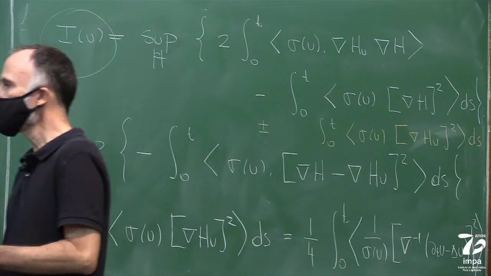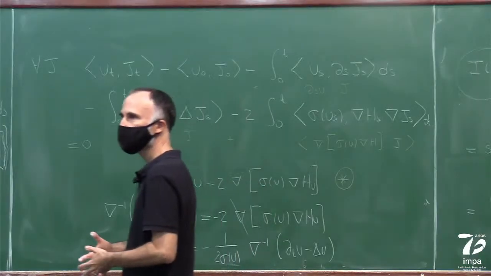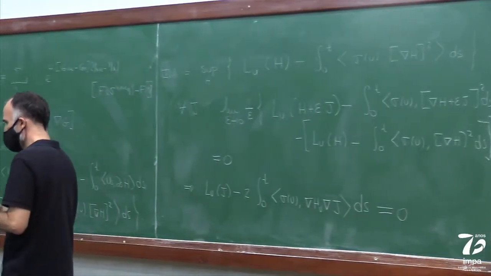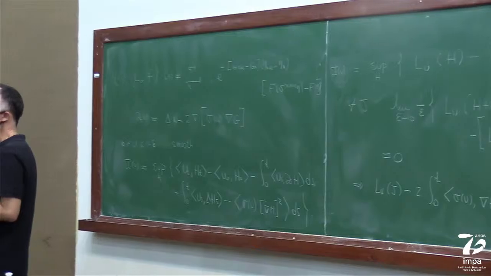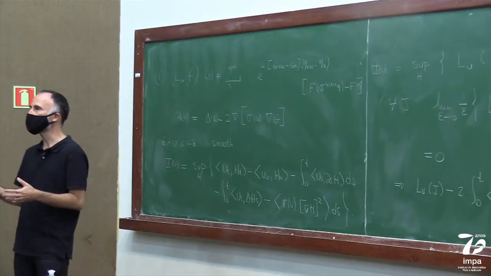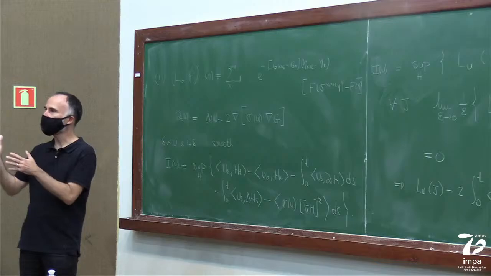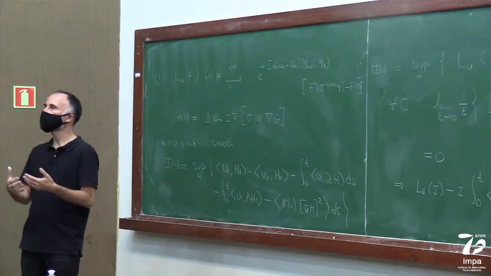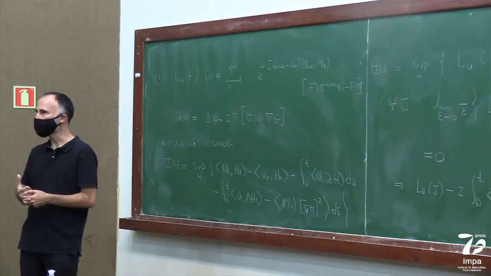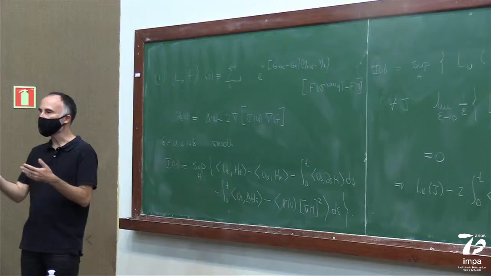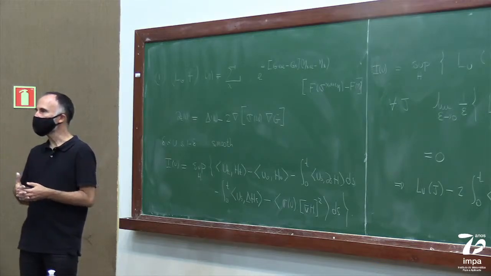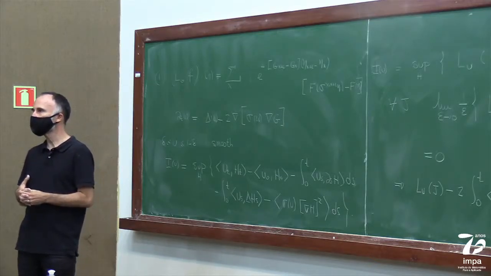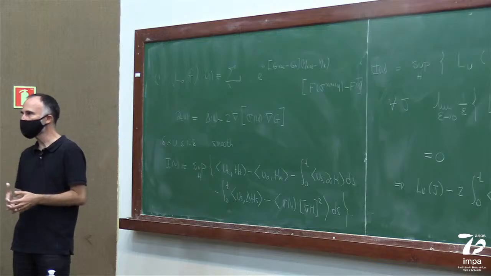But in general, you can make sense of these things. In some Sobolev spaces, you prove that u is differentiable in the weak sense. If the rate function is finite, that gives you some information about the trajectory. In particular, that it has some smoothness in space, and you can use that to make sense of this formula. But it's a formal formula, right?